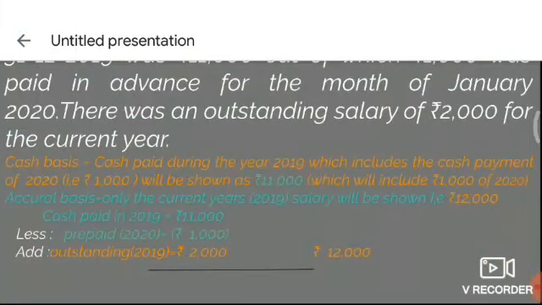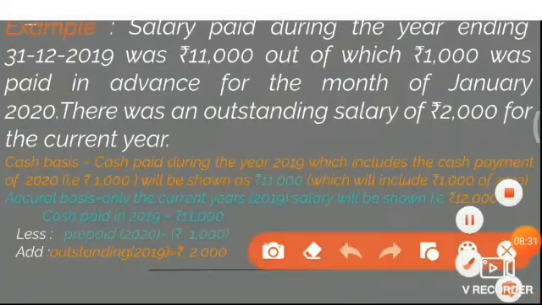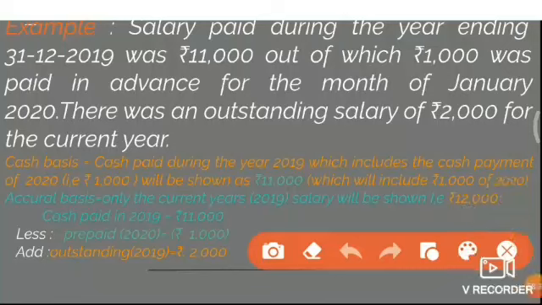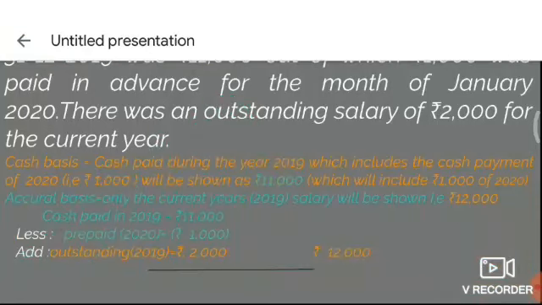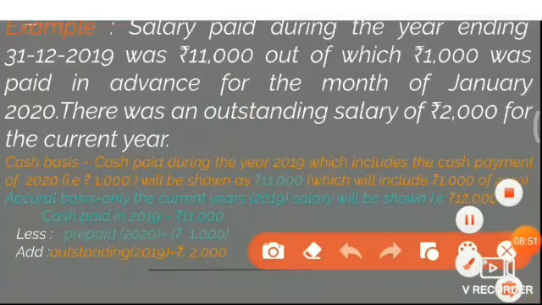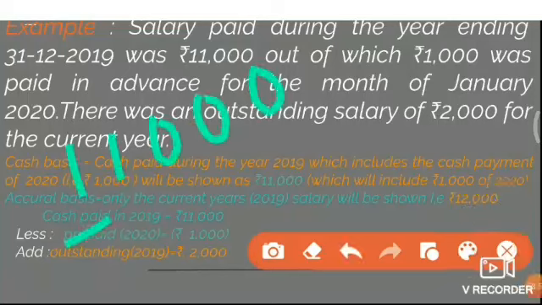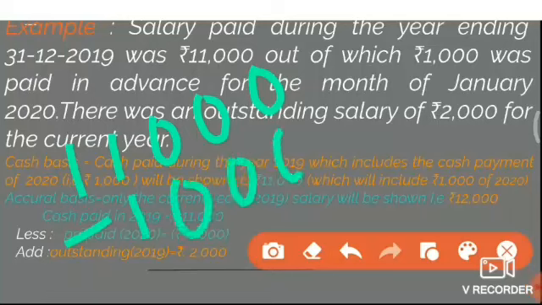Now if it is on accrual basis, the same example, if we take it, then we will show it on accrual basis. If we are preparing for 2019, then we will take into account the salary for 2019, whether it is paid in cash or not. So to show this on accrual basis, we will do it this way. We will take the cash which was paid in 2019, 11,000, out of which we will remove that 1,000 rupees which belongs to 2020, which is paid in advance in 2019.